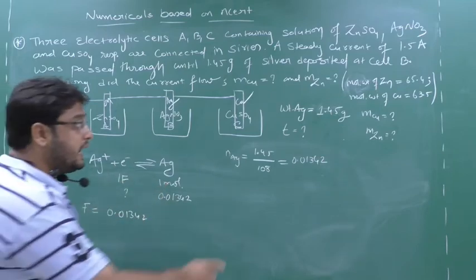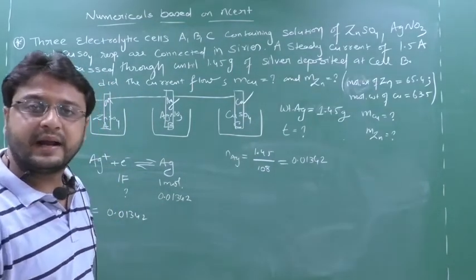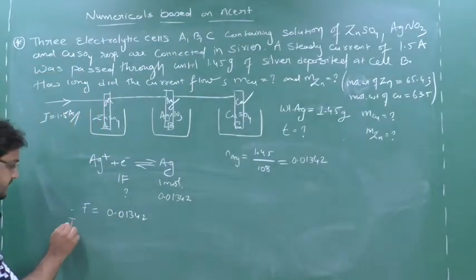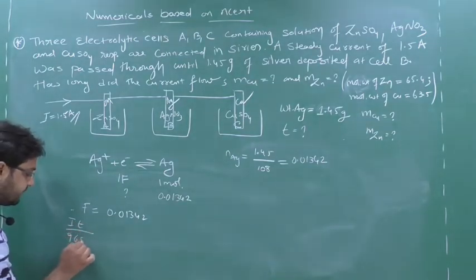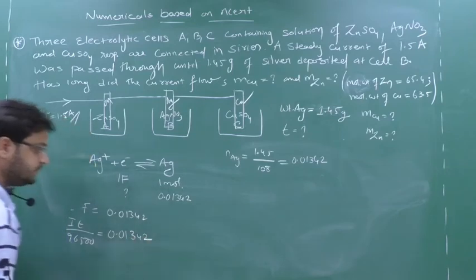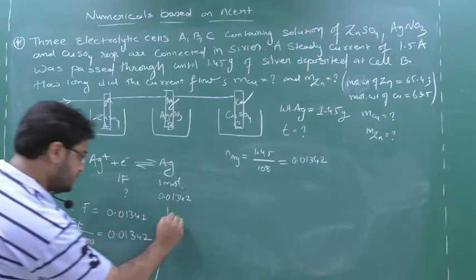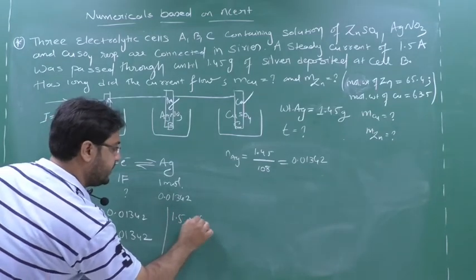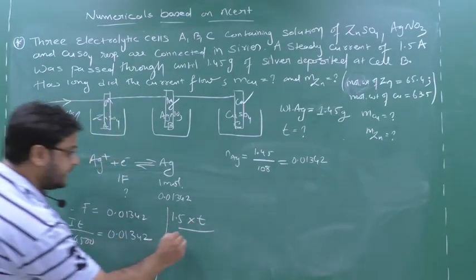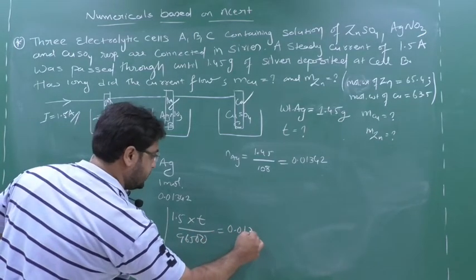I need the time now. You know the formula for Faraday. What is the formula for Faraday? IT by 96500. So Faraday means IT by 96500 equal to 0.01342. Clear? Current is given. How much current is given? 1.5 ampere. So 1.5, time we require, by the constant 96500, equal to 0.01342.